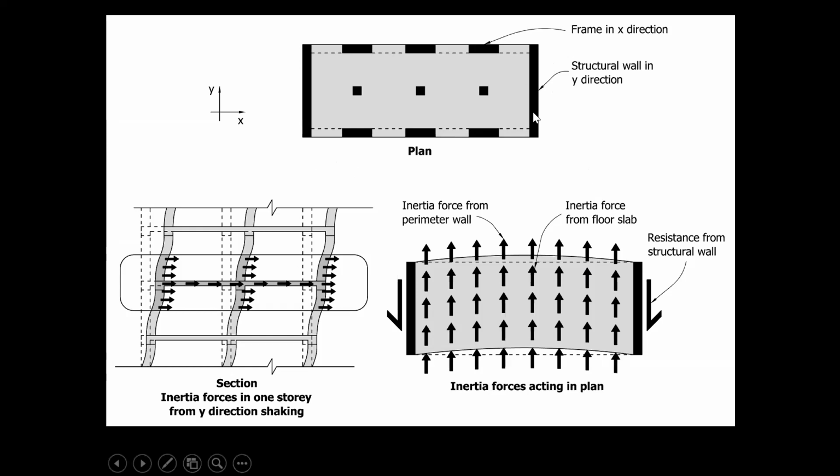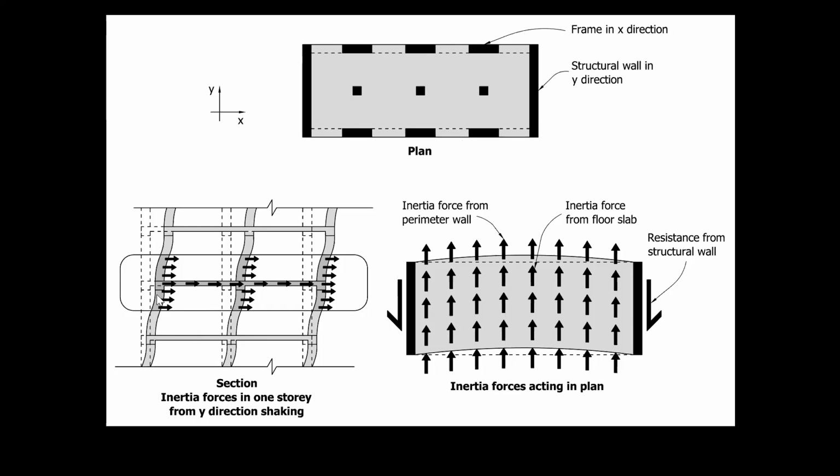It's got a structural wall at each end, a shear wall, and it's got a moment resisting frame along the two lengths of the building, just 3 columns. Now, if we look at a cross section through this building during an earthquake, it looks like this.